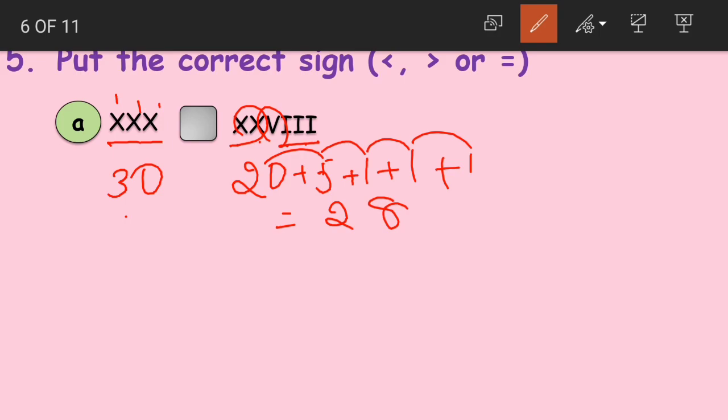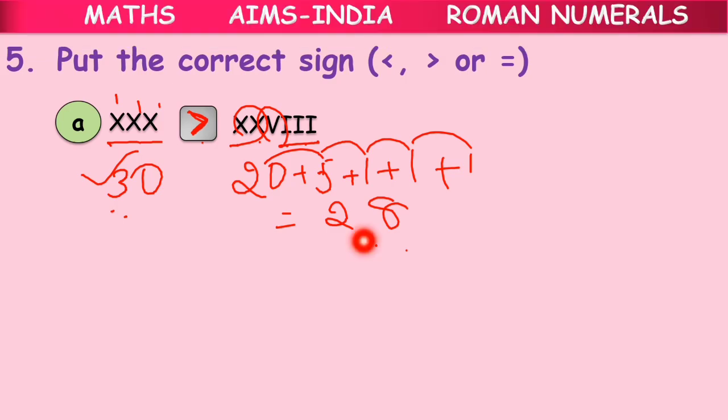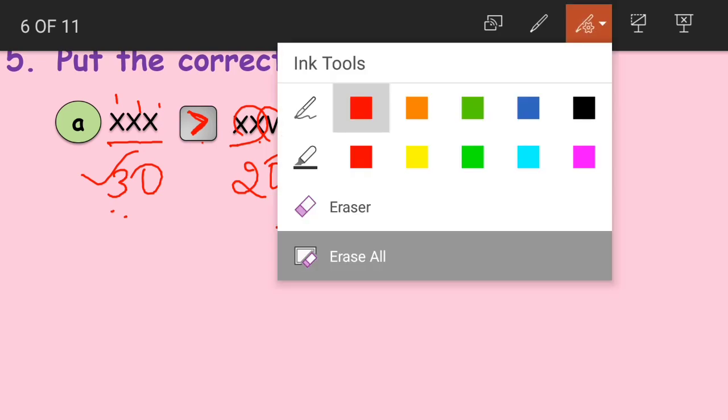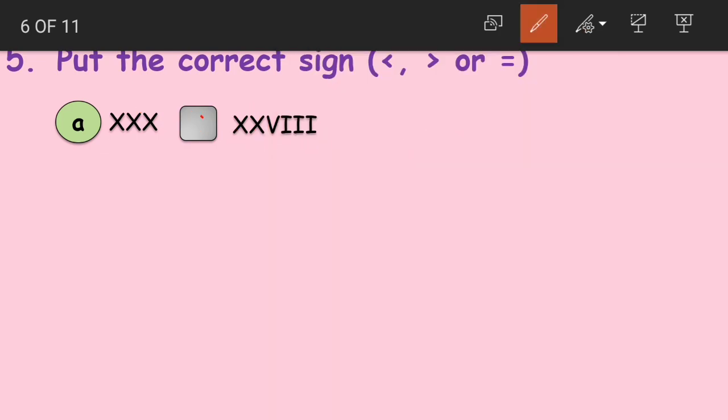Now tell me which is the bigger number here, 30 or 28? Yes, 30. So open the mouth towards 30 or simply put the greater than symbol. 30 is greater than 28. Understood, children? XXX is greater than XXVIII. I hope this is clear.